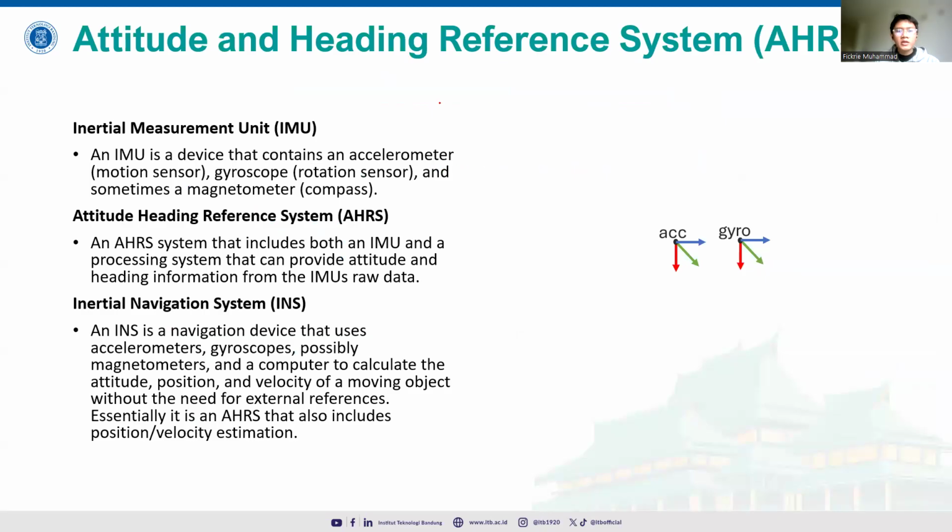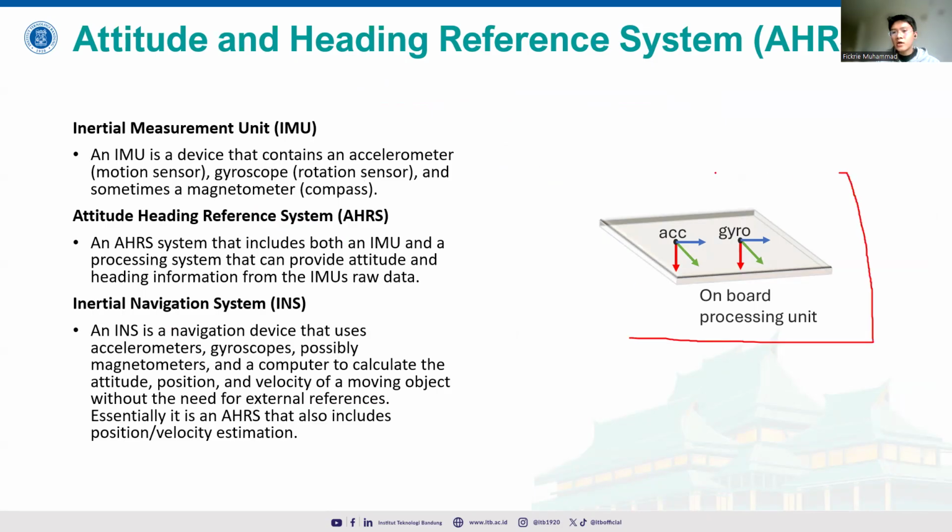So basically the inertial measurement unit, we know that already. It has two sensors, an accelerometer and a gyroscope, which are placed on the onboard processing unit. So this is the IMU, and the AHRS is basically somehow the same.